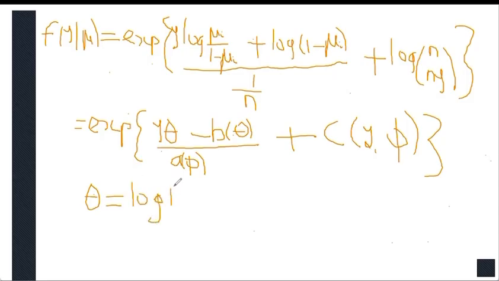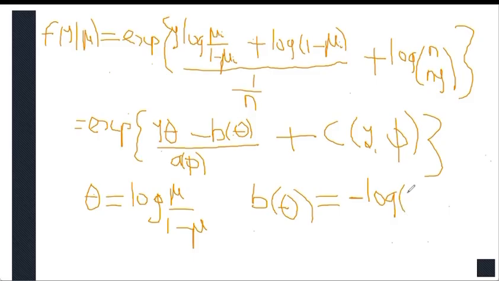And what is your b of theta going to be equal to? The b of theta now is actually going to be negative log 1 minus mu.